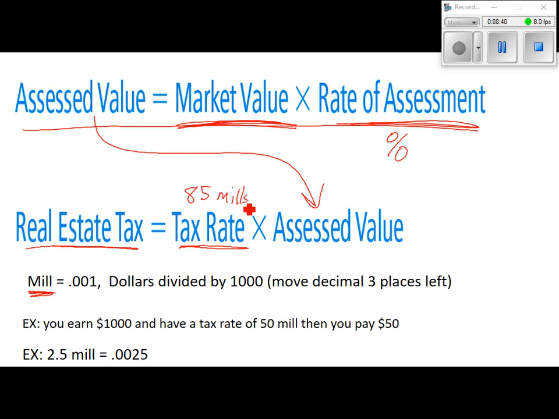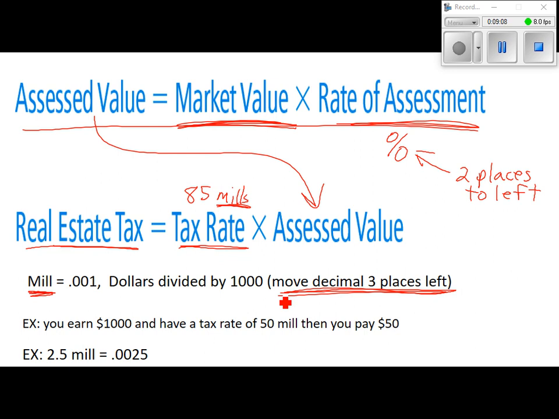With percent, remember we bump the decimal 2 places to the left, changing it from a percent to a decimal. With mills, we move the decimal 3 places to the left, so we're dividing by 1,000.